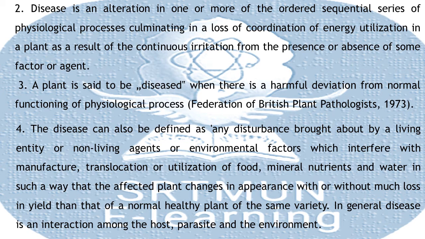Now, disease is an alteration in one or more of the ordered series of physiological processes culminating in loss of coordination of energy utilization in a plant as a result of the continuous irritation from the presence or absence of some factor or agent.